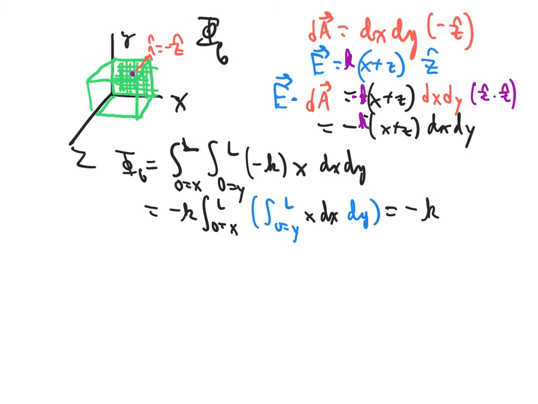So we have minus k, integral from 0 to L over the variable x of x dx times the integral from 0 to L of dy, which is pretty easy.